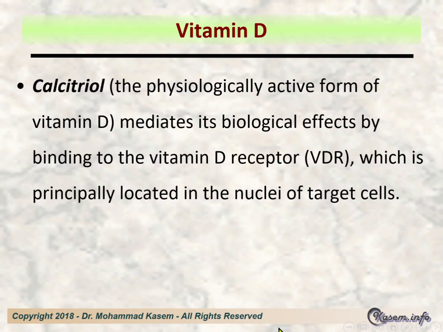Calcitriol, in fact, is the physiologically active form of vitamin D that mediates its biological effects by binding to the vitamin D receptor, which is abbreviated VDR. The VDR is principally located in the nuclei and the DNA of the target cells.